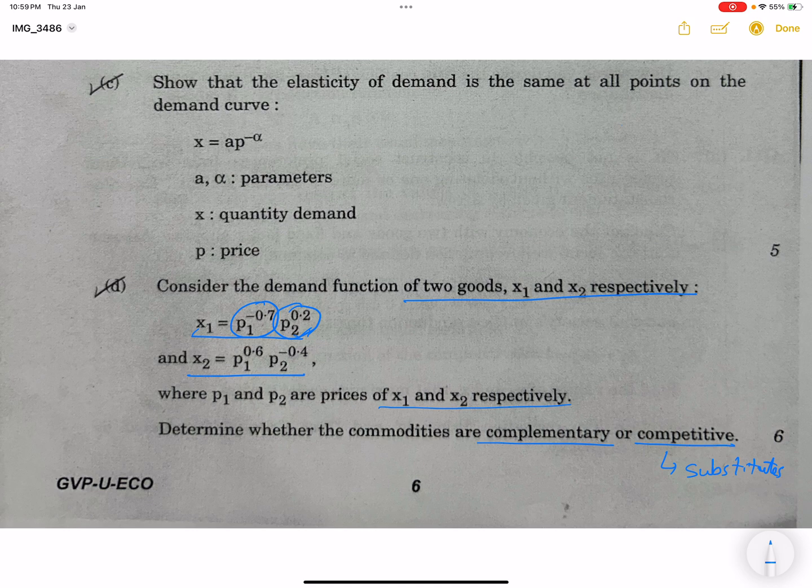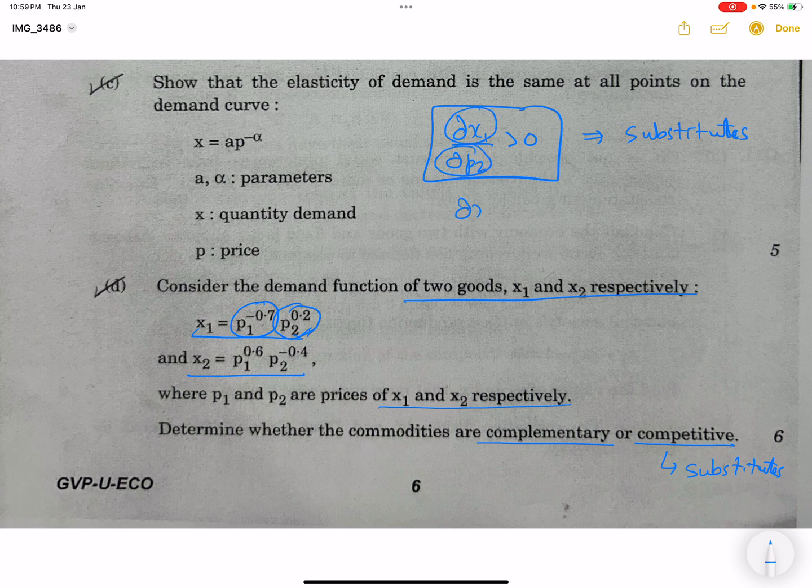So we can show this as: if del x1 by del p2 is greater than 0, this would mean they are substitutes. That is, if price of the second good increases, the demand for the first good is increasing.